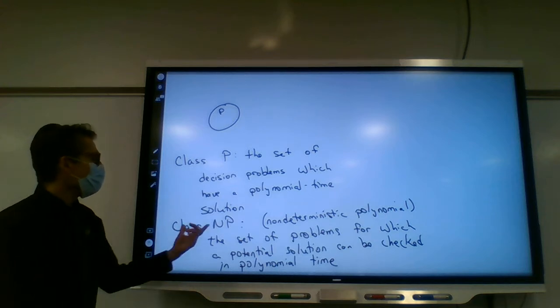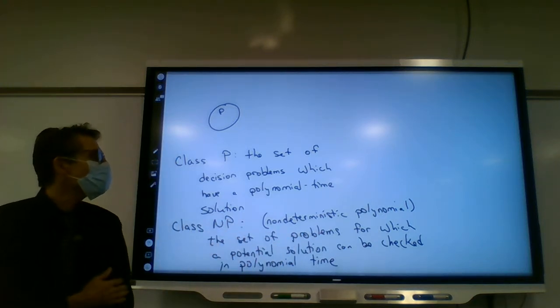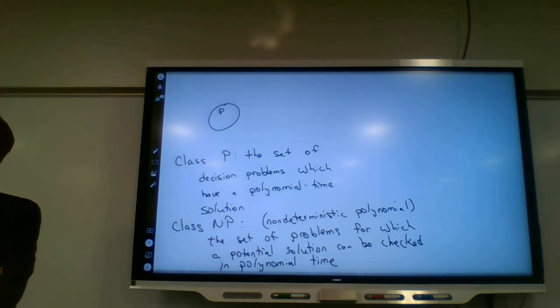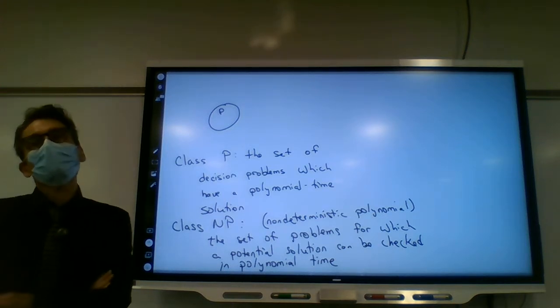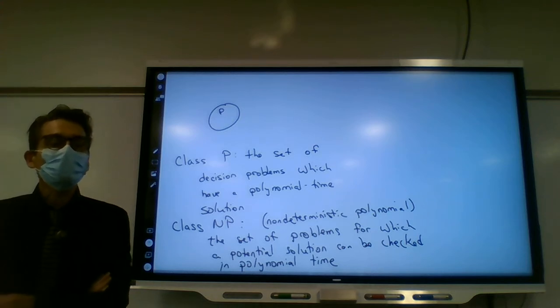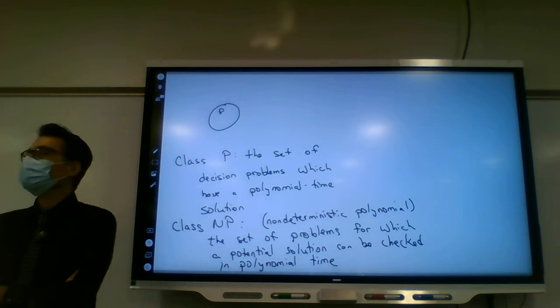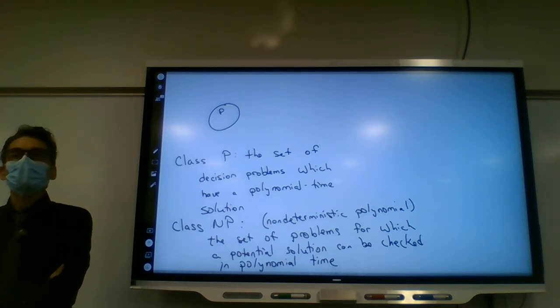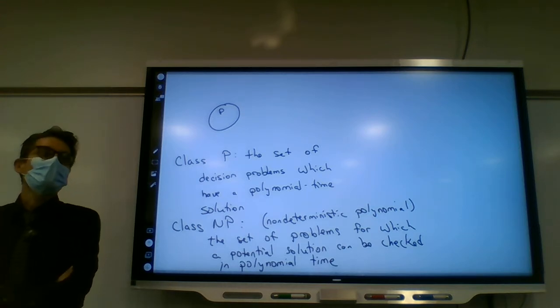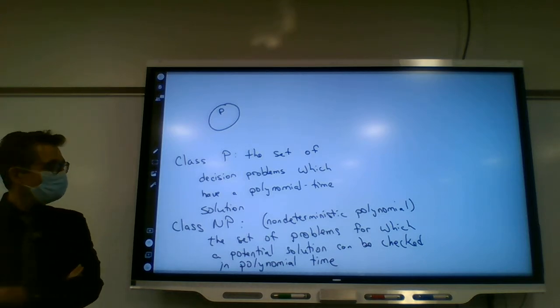And so class NP is this set of problems for which you can check a potential solution. If somebody were to say, here, I think this is the answer, you can check that answer and tell. It's kind of like the potential answer comes from some magical source, an oracle, that's able to answer questions for you. You say, give me a guess, and this oracle gives you a guess.